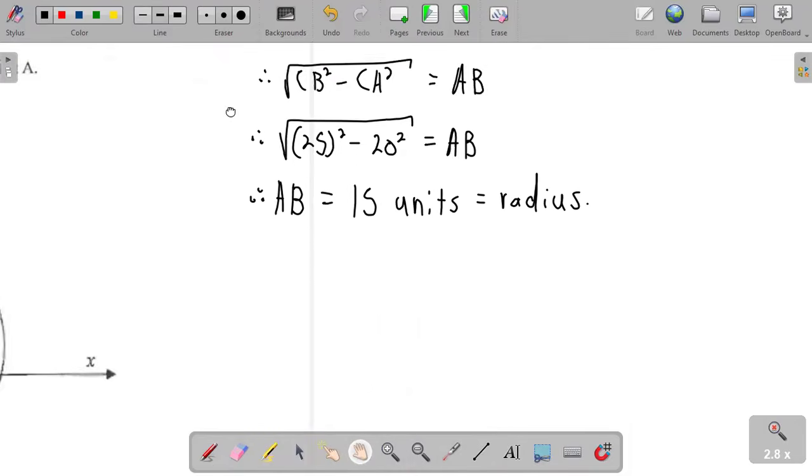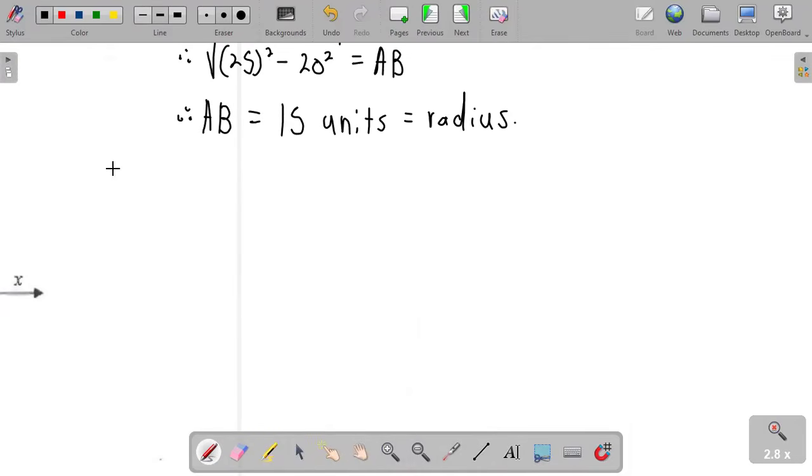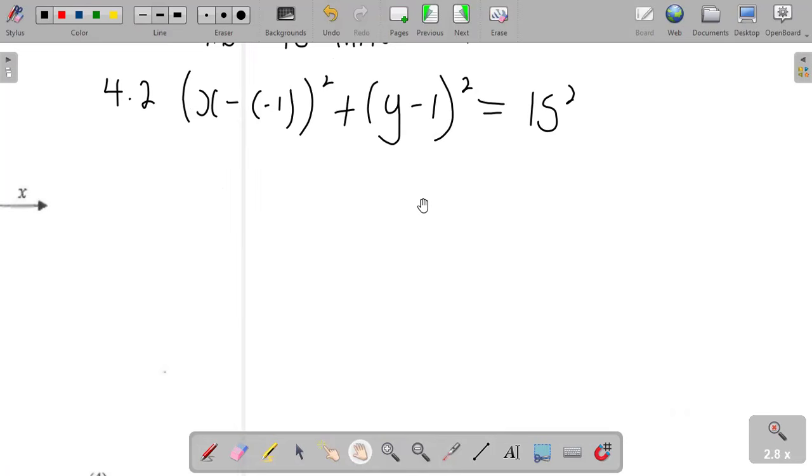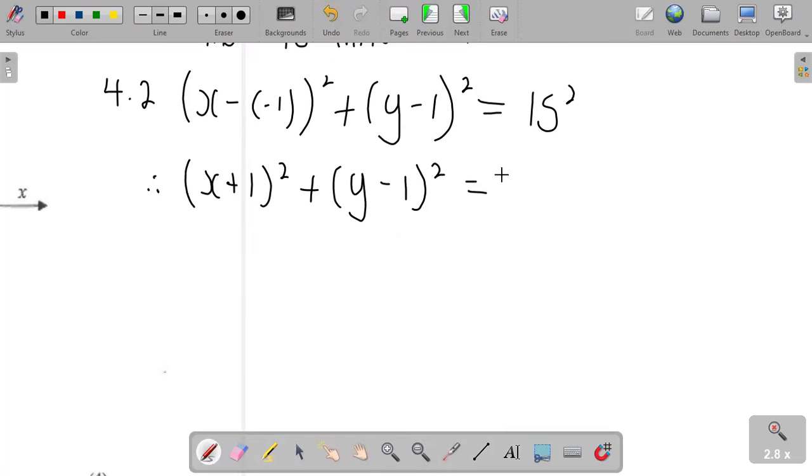The equation of the circle here is going to be, we use what we have: x minus -1 squared plus y minus 1 all squared equals 15 squared. And 15 squared is 225.